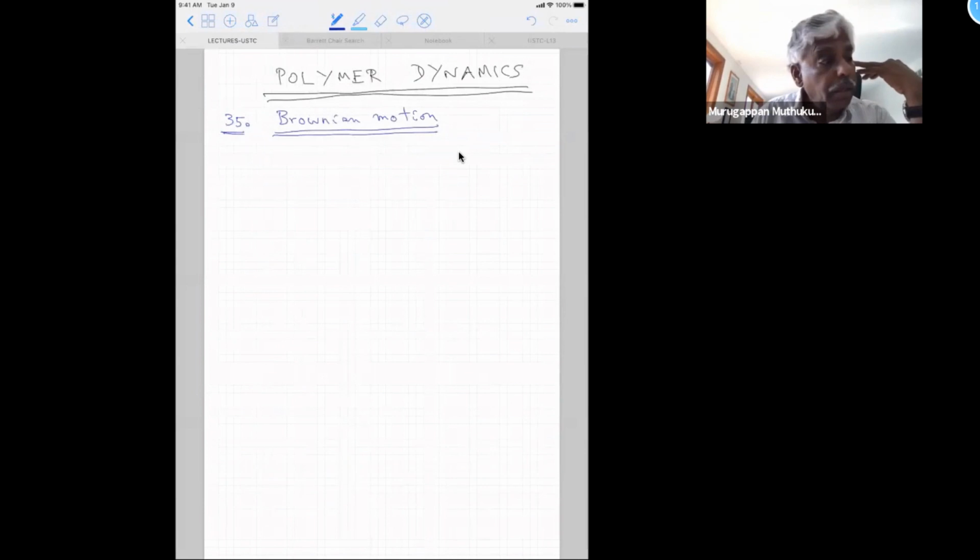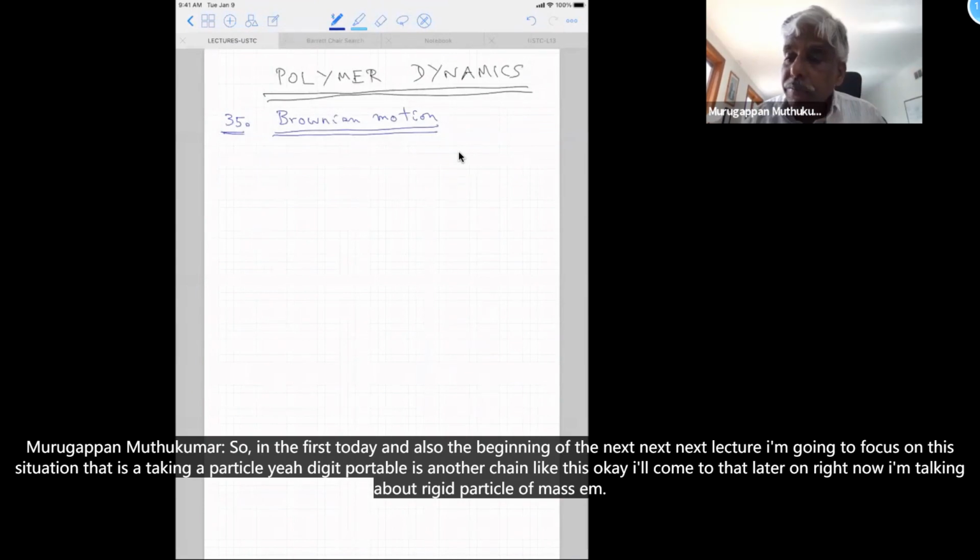Right? So today and also the beginning of next lecture, I'm going to focus on this situation. I take a rigid particle, not a chain like this. I'll come to that later on.